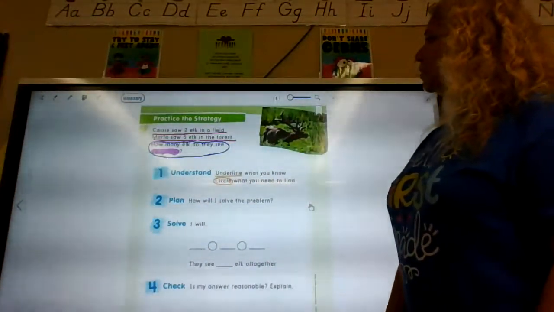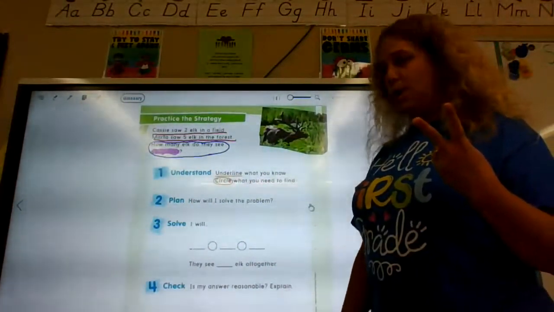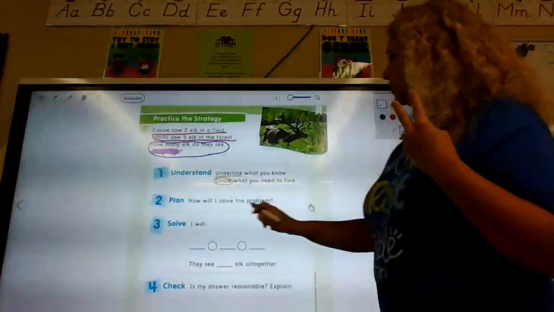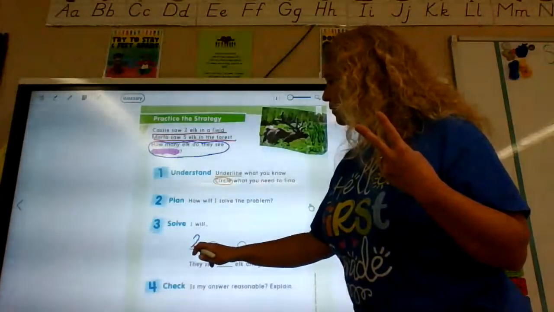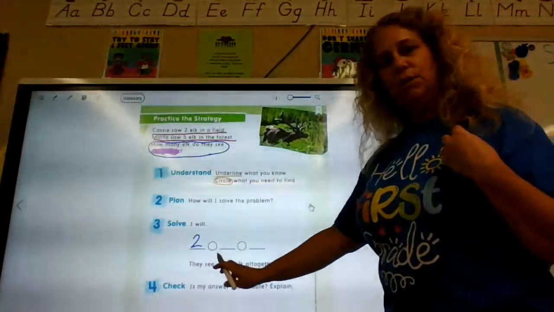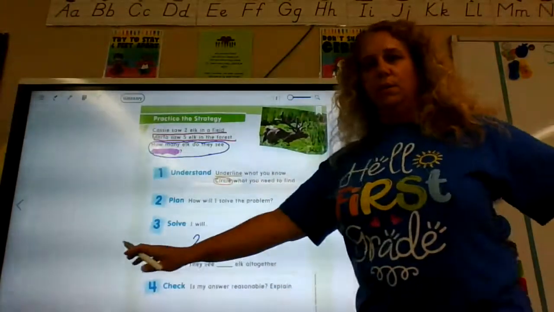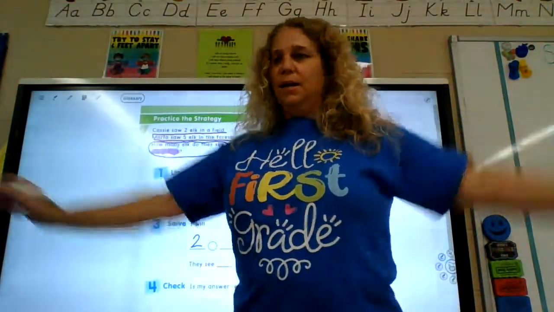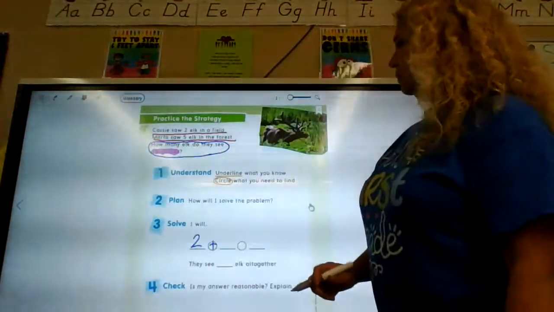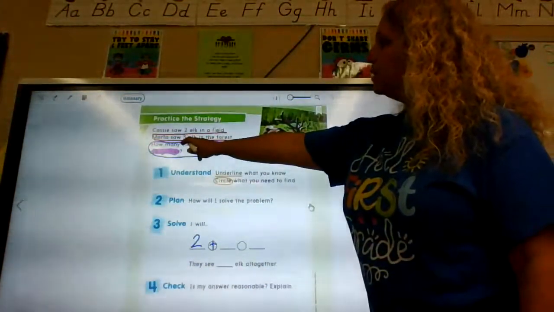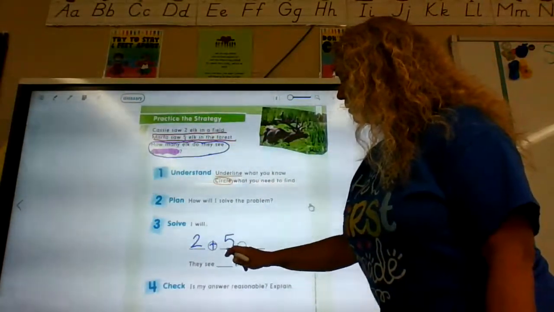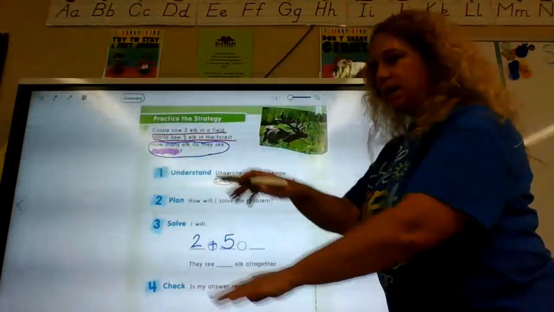Okay. So what do we know? We know there are 2 elk in the field. Then what symbol? What goes in that circle? Plus sign. Okay. Plus. How many are in the forest? Here's your number. 5. And then equal sign.